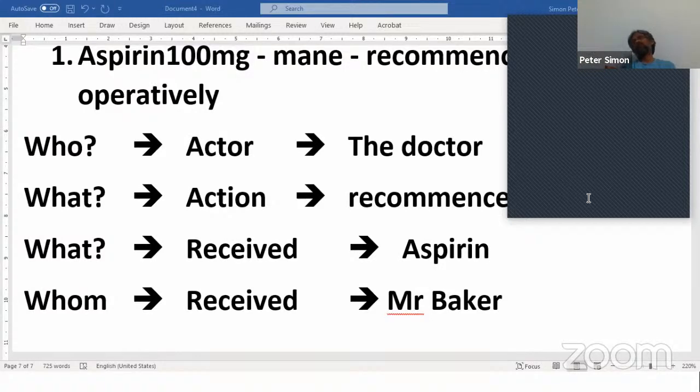Or I commenced aspirin. Okay. So start with aspirin, the direct object. Indirect object is also right. I am not saying it is wrong. It is right. It is okay.